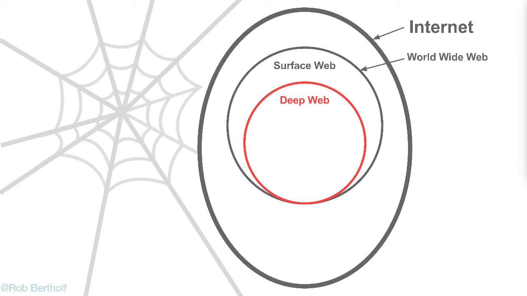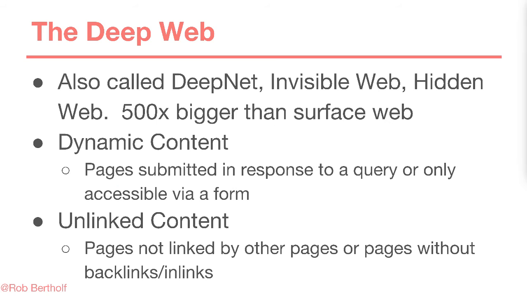So again, the deep web is really the portion of web content, accessible through a browser, that's not indexed by Google or other search engines. It's also called the deep net, invisible web, etc. It's quite a lot of content, and it's there because maybe it was dynamic, maybe it wasn't linked to. There are a lot of different reasons why we can't typically browse that content.